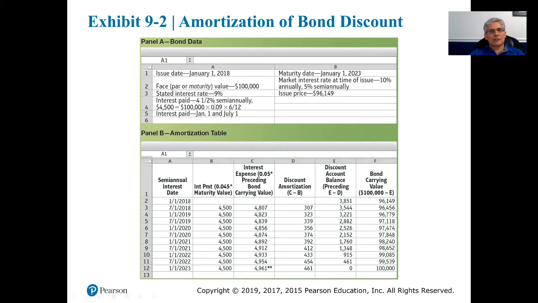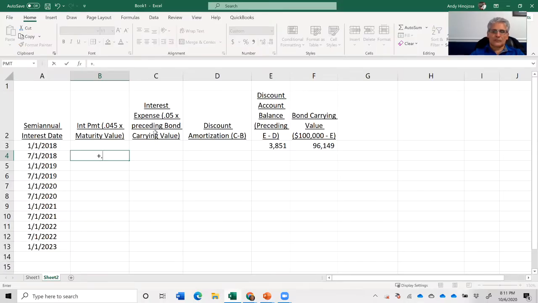When we divide it by 2, you end up with 4.5% semi-annually. So 0.045 multiplied by the maturity value, which is 100,000. And this payment is going to be the same every period. That's locked in stone. There's no way you can change this.